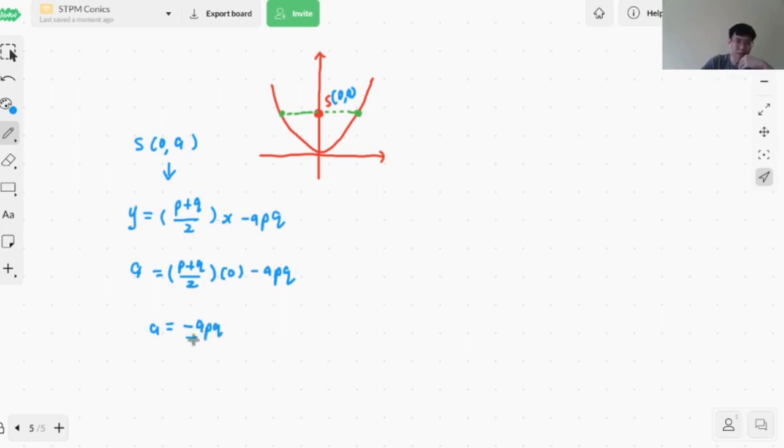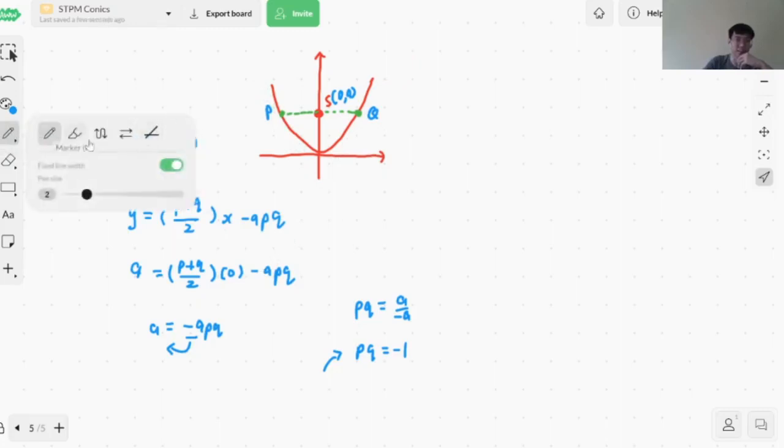Alright, in this case, I can see that a is equal to minus apq. I bring my minus a to that side so that pq becomes a divided by negative a, where pq is equal to negative 1. So what does this mean? This means that when you have a focal chord, this is one of the properties: p times q will be negative 1. So meaning to say, the p gradient and the q gradient, if you times them together, it should be negative 1.